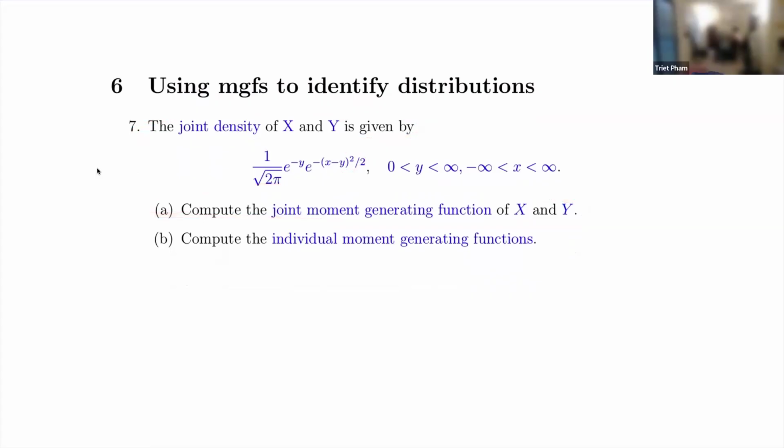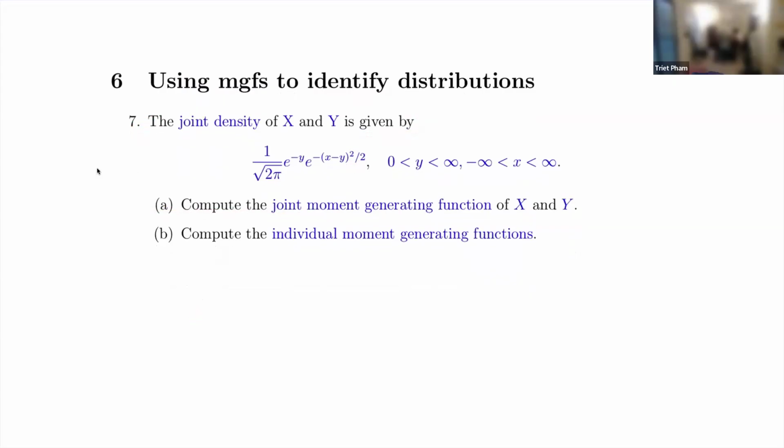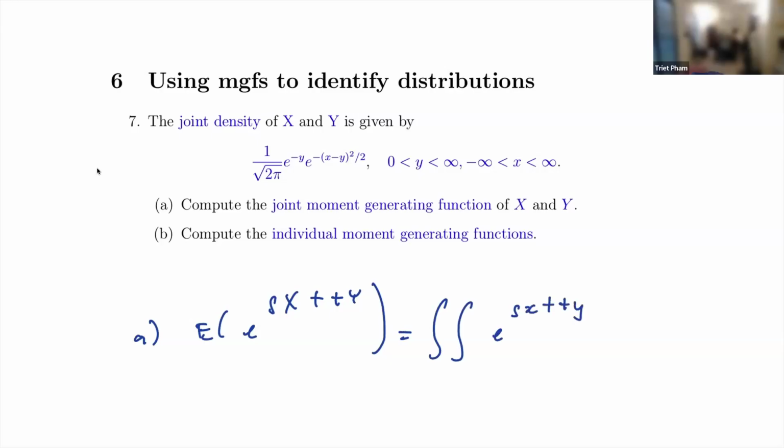So remember, the joint MGF of x and y is the expectation of e to the s times x plus t times y, which is the double integral of e to s x plus t times y, and then 1 over root 2 pi, e to minus y, e to minus x minus y squared over 2.